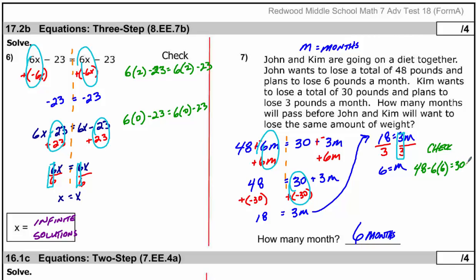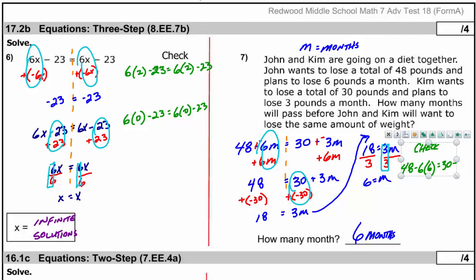For Kim, 30 pounds to lose. Let's see what happens when she's losing at 3 pounds per month. And I realize that I need to just move this over enough to get my check in all the way here. There we go.